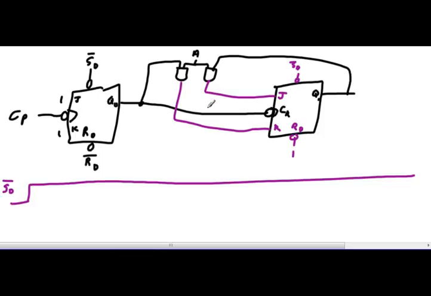Okay, so both of these guys are set naught. So that means that Q0 and Q1 are both going to be high as I start the problem. Okay, so I'm going to remember that. So I'm starting it at 0, 0 because of that guy.